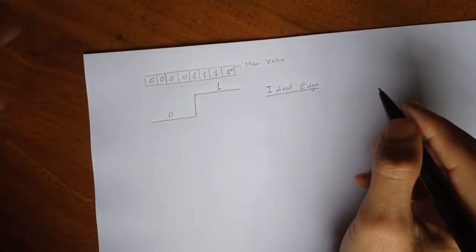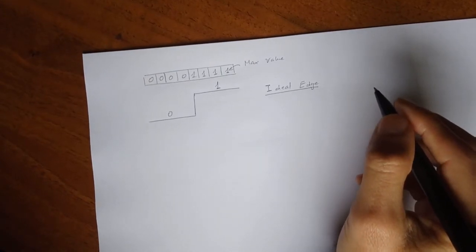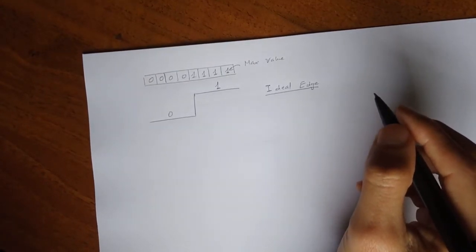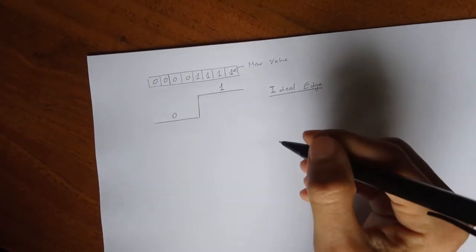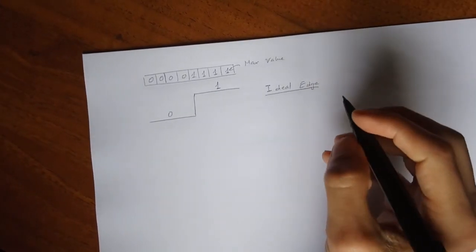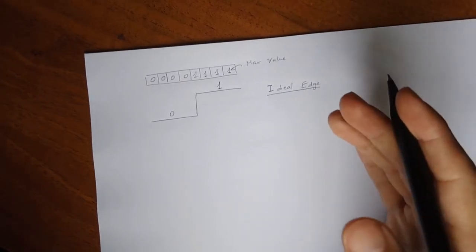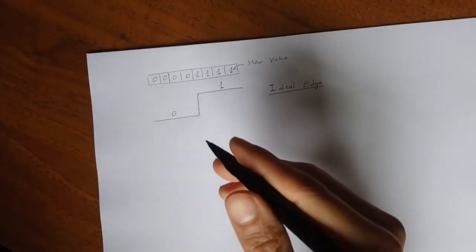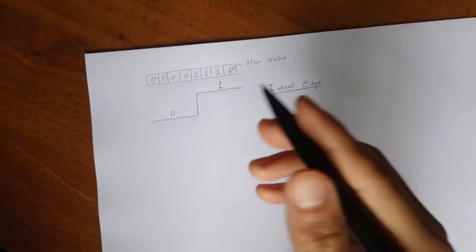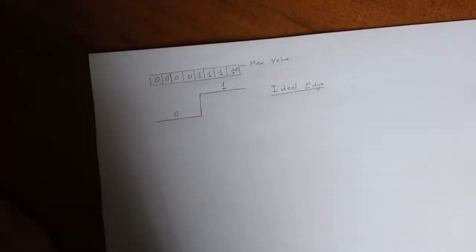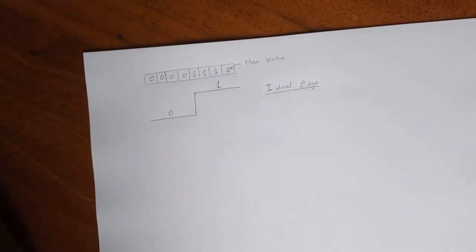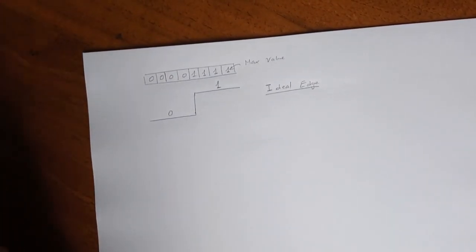Now the question is how to detect that edge. Given an image, how to detect it? Well, we use a simple mathematical operation called derivatives. And this makes sense because derivatives give us the rate of change of an image, and we can use this rate of change to see where this rate is very high and detect thus an edge.